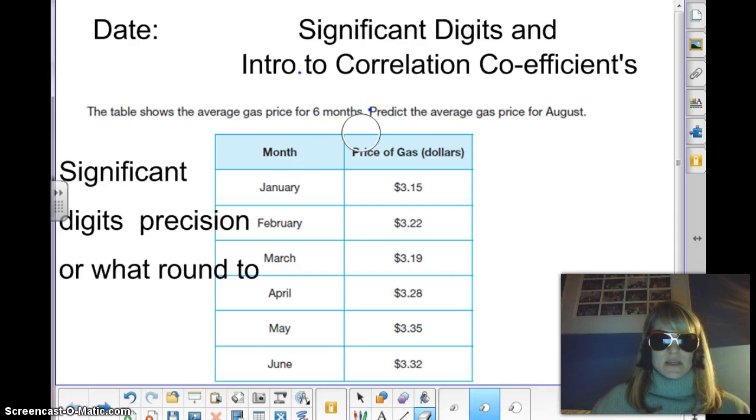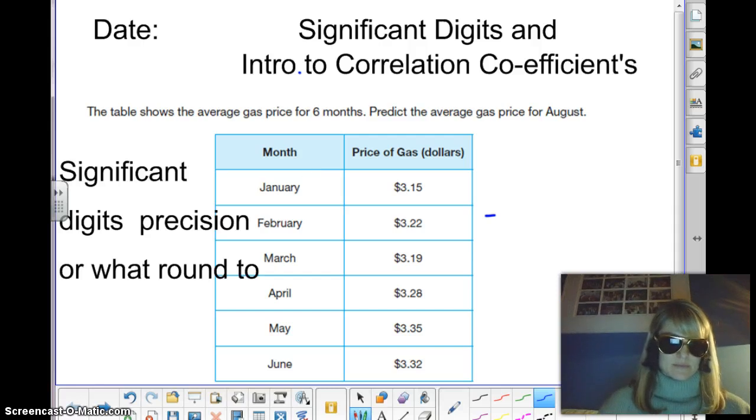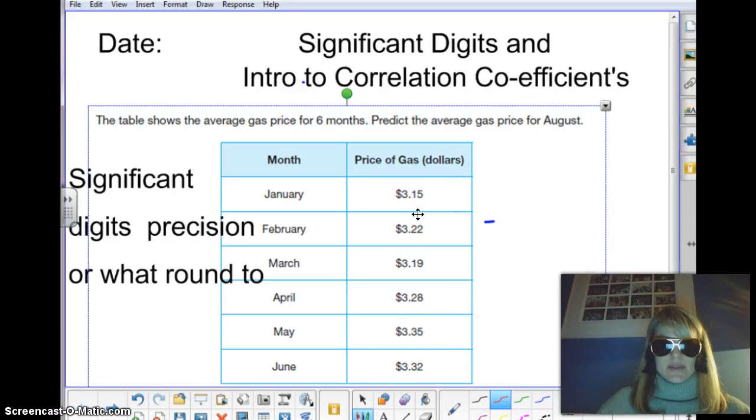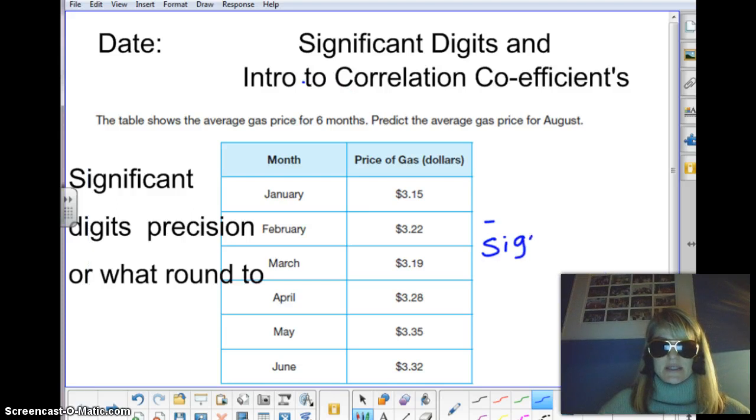So I look at all my data here. Because everything is rounded to the pennies place, my significant digit is the pennies place.